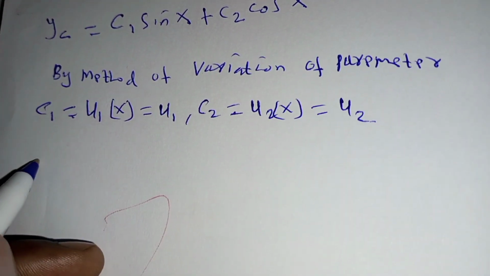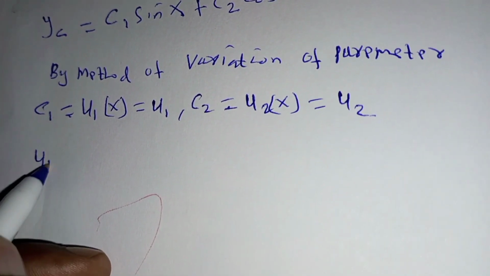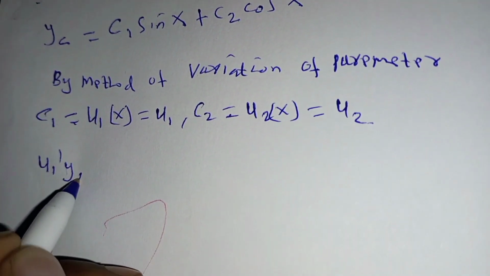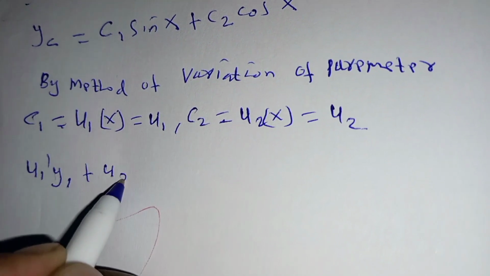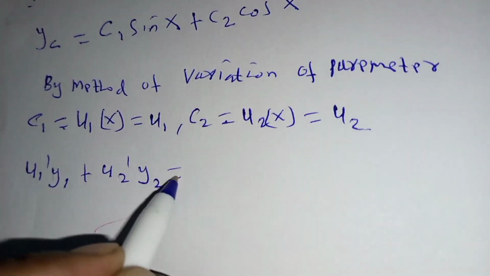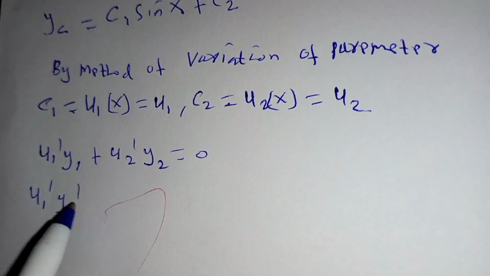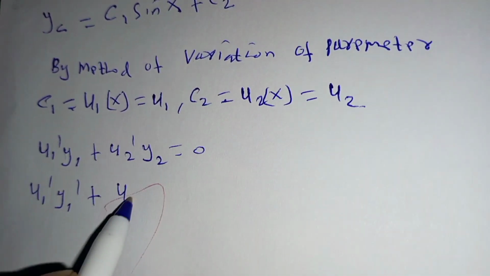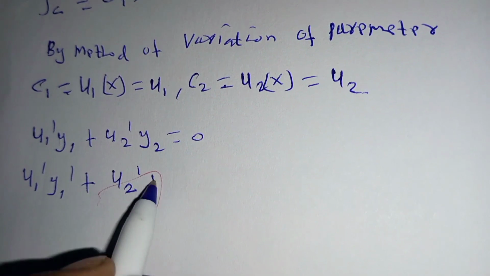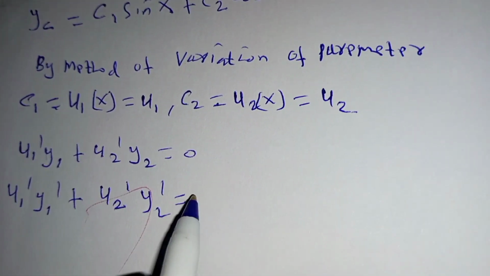Then from there, we shall have U1 prime y1 plus U2 prime y2 equal to 0, and U1 prime y1 prime plus U2 prime y2 prime equal to sec of x.